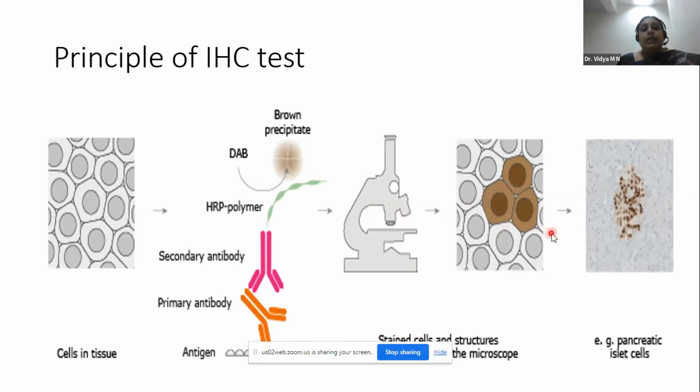We are seeing blue, which is nothing but your hematoxylin stained cells, because we finally need to localize where exactly this antigen antibody reaction has happened, and the counterstain is definitely hematoxylin. Instead of a blue and pink, you're going to see a blue and brown. That is how your IHC slide is going to appear under the microscope.